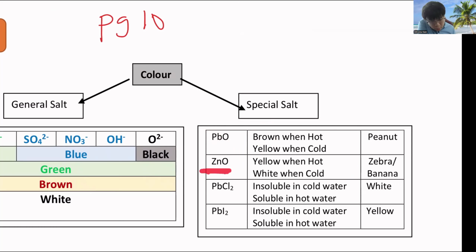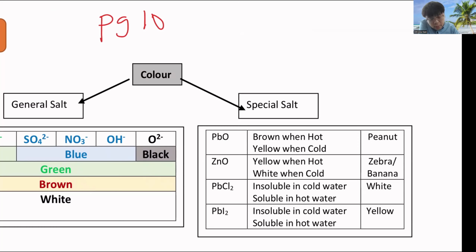Then ZnO, you can think about banana. Banana is yellow outside, white inside. So zinc oxide is yellow when hot, white when cold. For the color, if in the exam you forget which is hot and which is cold, very simple: the darker color is hot.